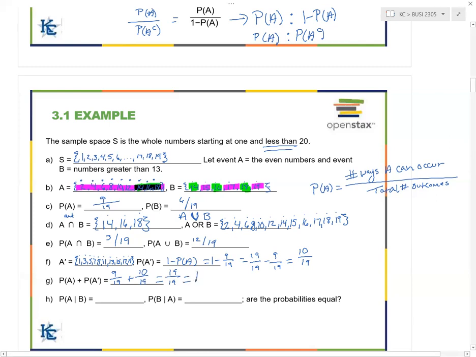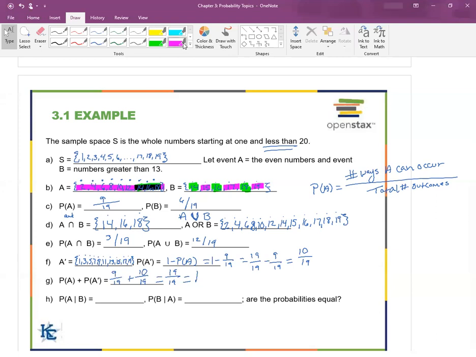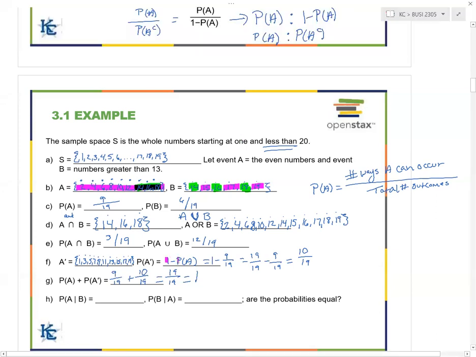Because we know from our complement rule that if we have 1 minus P of A, that's going to lead to P of A plus P of A complement equals 1. All we did was solve this, okay? So you see how these are giving you the same thing. It's just one's being solved for 1.